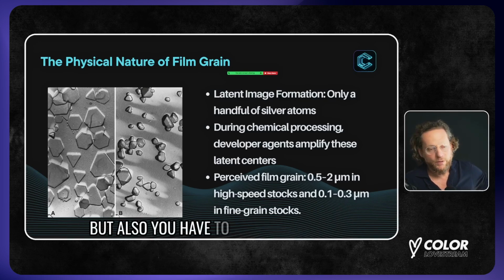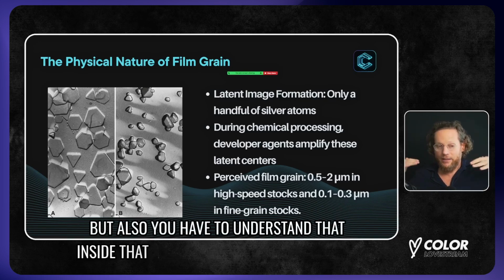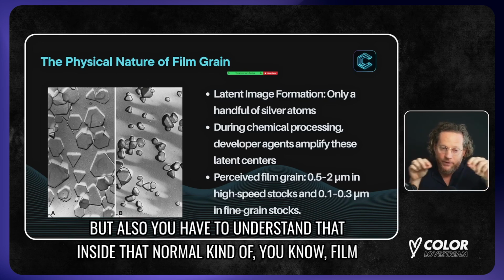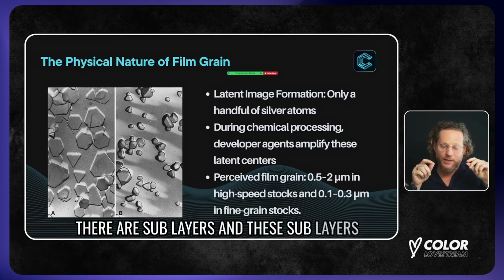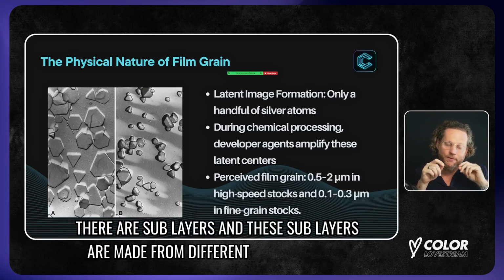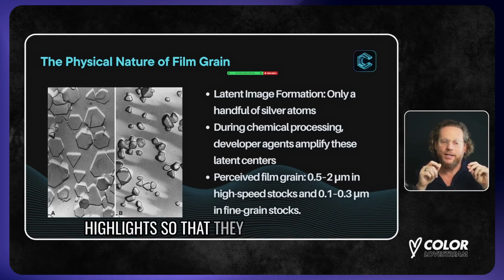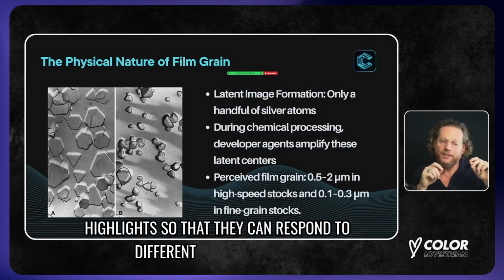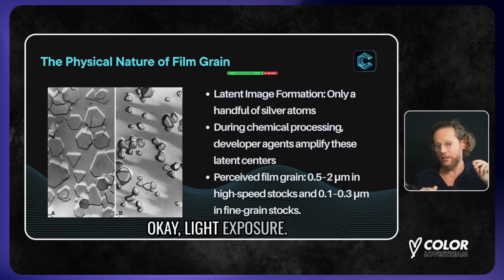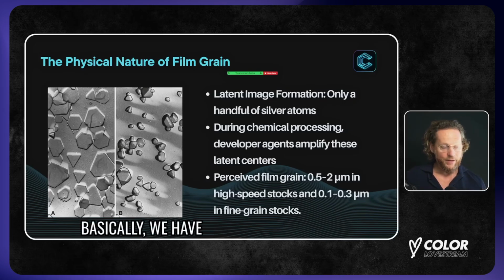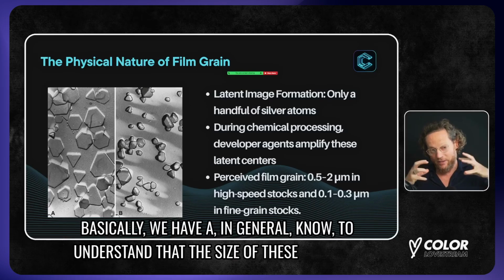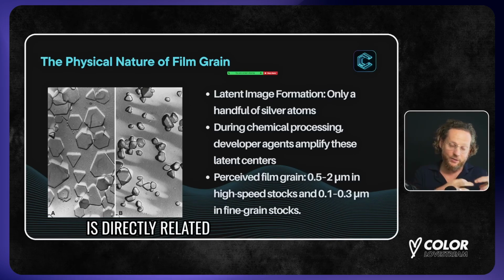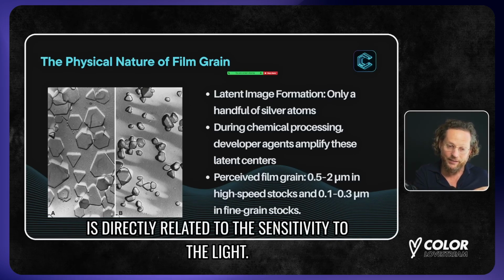But also you have to understand that inside the normal film emulsion, there are sublayers, and these sublayers are made from different sizes of silver halide so that they can respond to different levels of light exposure. So basically, in general, the size of these crystals is directly related to the sensitivity to light.